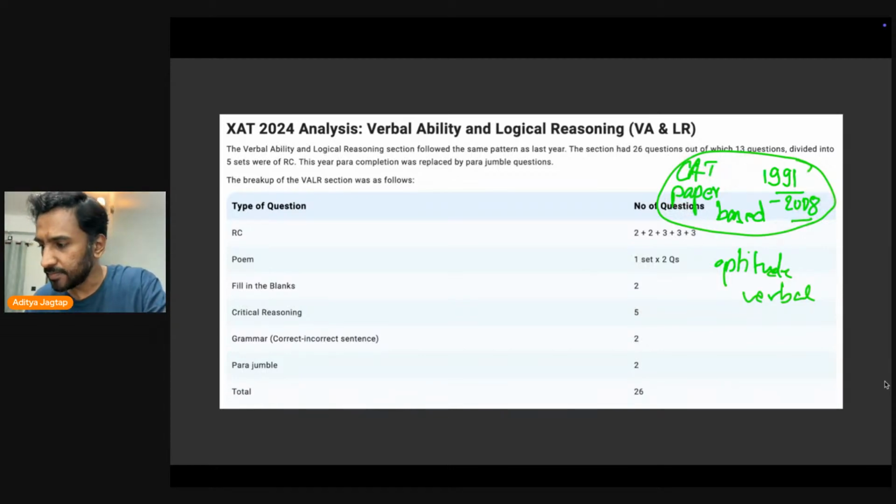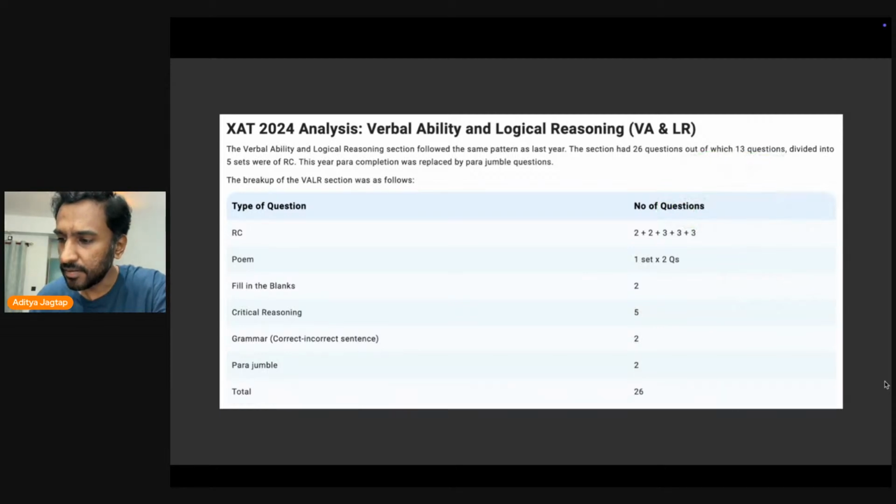So the XAT RCs can sometimes be quite long, and sometimes they can be quite hard. In fact, over the past 10 years, the XAT RCs have usually been much harder than the CAT RCs.